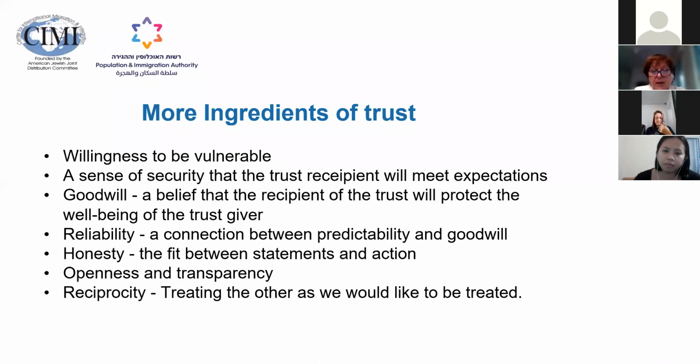Reliability is the connection between predictability and goodwill, honesty, heart and mind: you do what you say you're going to do, being open, being transparent, not hiding things, and reciprocity. I think all of those things are very important, especially since you have to understand that you're a stranger coming into a person's home, his safe place, the place where he feels he's in control.